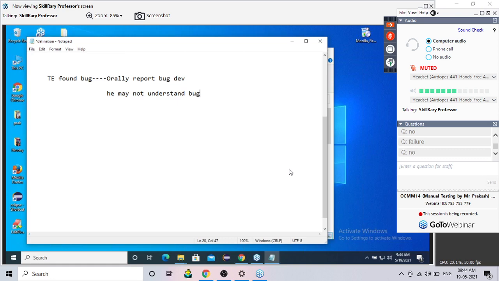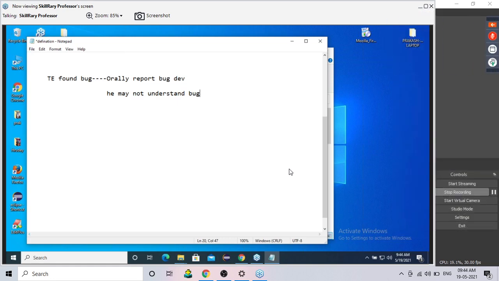He may think that the entire compose is not working or the page is not opening. That means you are not telling him the problem specifically; you are simply saying at a high level that it is not working. So the first problem: he may not understand the bug properly.